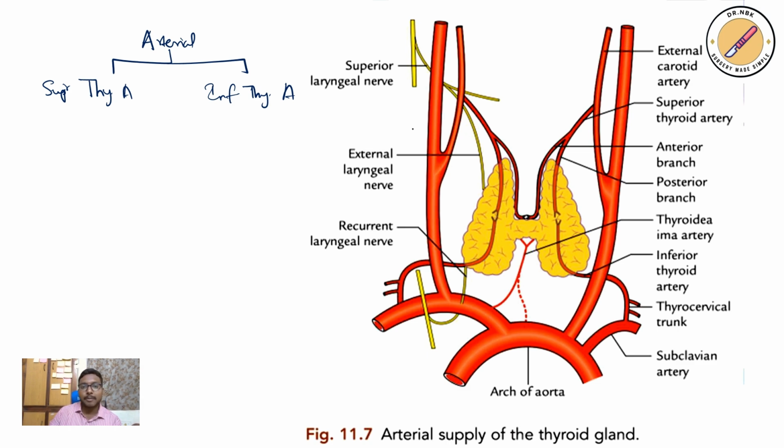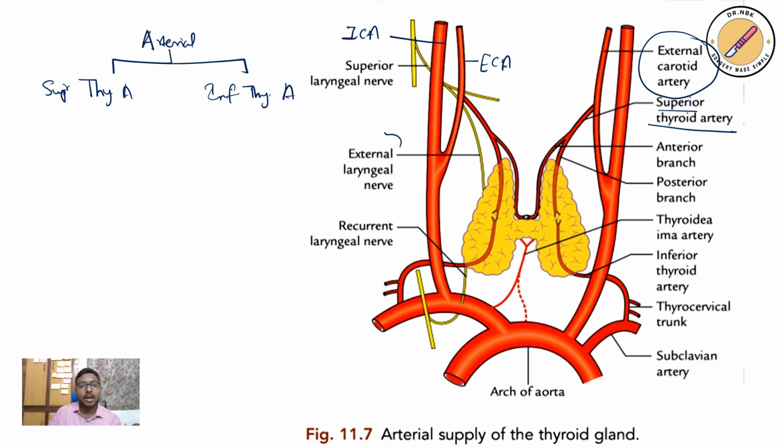The superior thyroid artery is a branch of, you can see here, this is your internal carotid artery, this is your external carotid artery. From the external carotid artery you have the superior thyroid artery, and it is the major blood supply. 80% of the thyroid gland gets its blood supply from the superior thyroid artery, right?